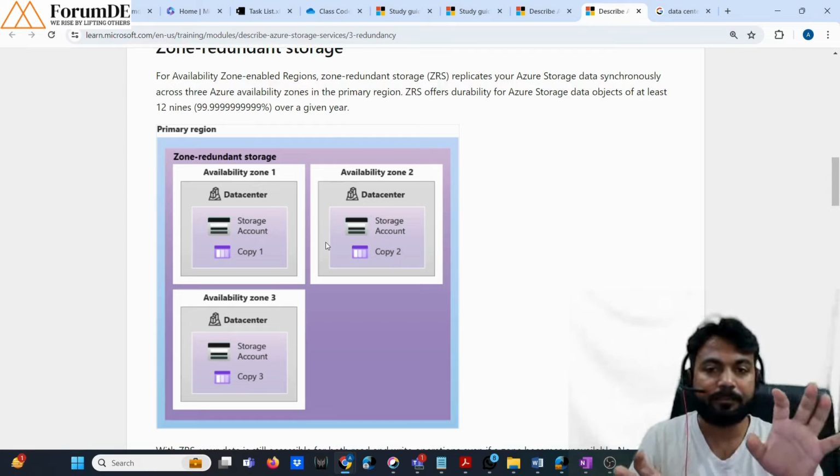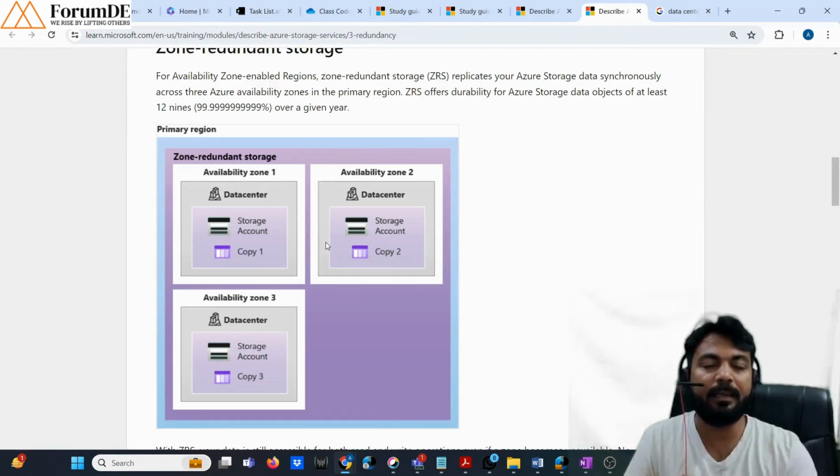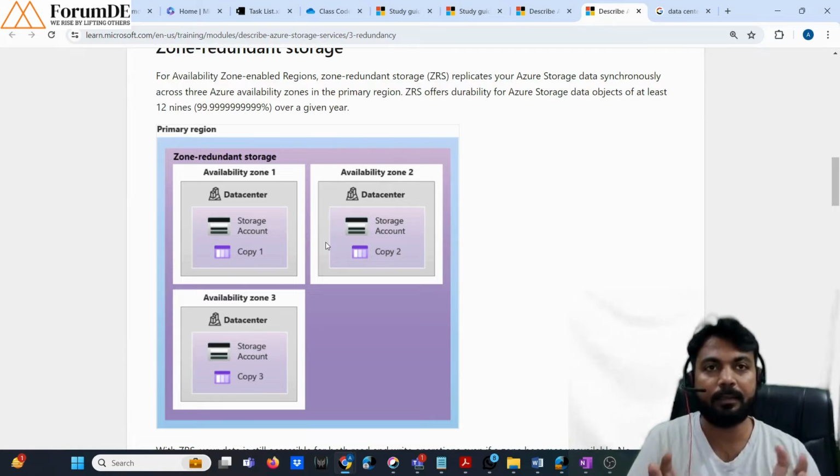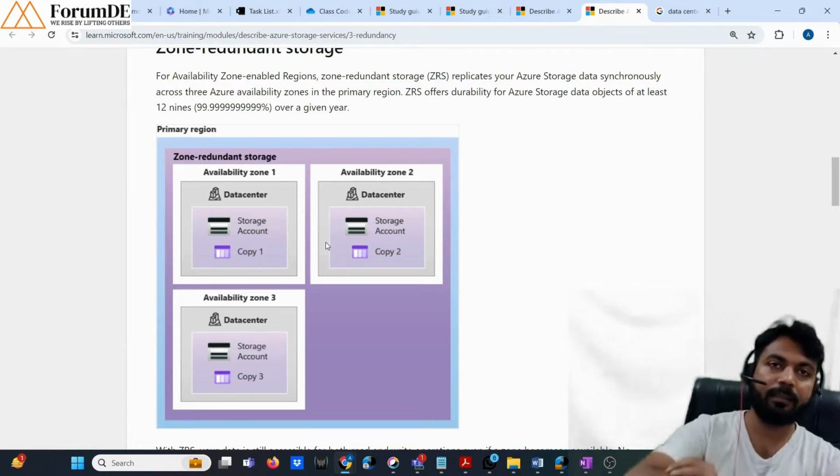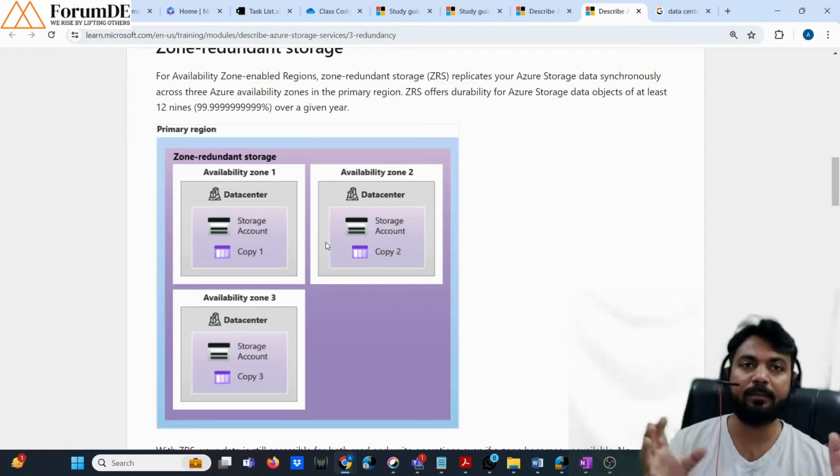Like in Gurgaon, in sector 1 one data center is there, in sector 14 another data center is there, and in sector 42 another data center is there. So these availability zones are located at a very short distance.